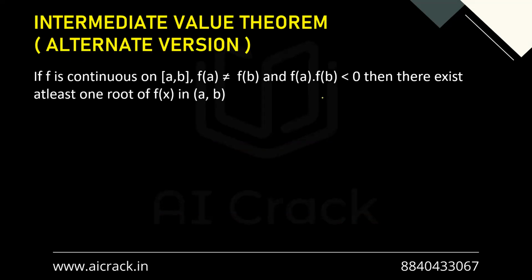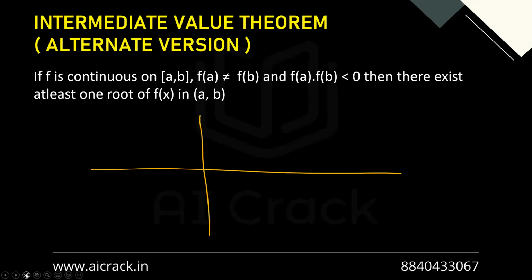Now let's look at the alternate version of the intermediate value theorem, which says if f is continuous on [a, b], f(a) is not equal to f(b), and f(a) times f(b) is less than 0, basically one value is positive and one value is negative, then there exists at least one root of f(x) in [a, b], which is the same thing, but the language is a little different. Let's say we have a point over here, b point over here.